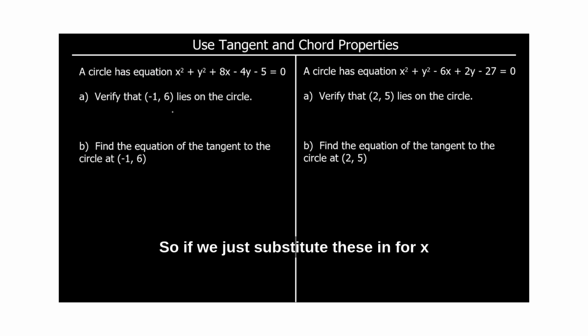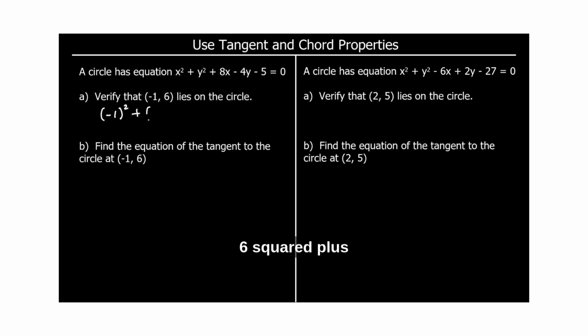So if we just substitute these in for x and y, that would be negative 1 squared plus 6 squared plus 8 times negative 1 minus 4 times 6 minus 5 equals 0.